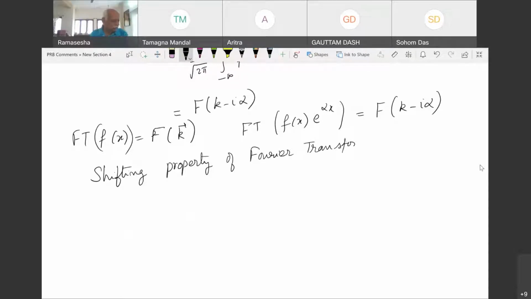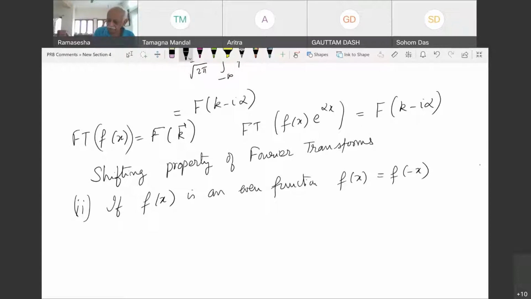Okay. Now let me give you a few more properties. If the function f of x is even, that means f of x is equal to f of minus x, okay, then F of k is real.